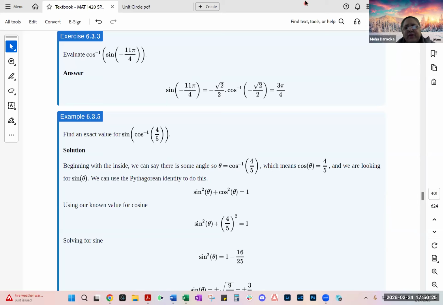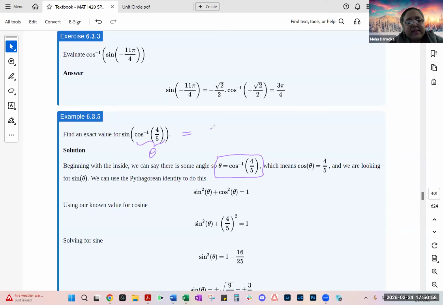So we can obviously rewrite this function as cosine of theta is going to equal 4/5, right? So we can rewrite it as this cosine function. And basically, since we know that cosine of theta is going to be 4/5, let me get my little pen here. So think about this. If we are saying cosine inverse of 4/5 is theta, we are basically saying this guy is going to be equal to theta, right?